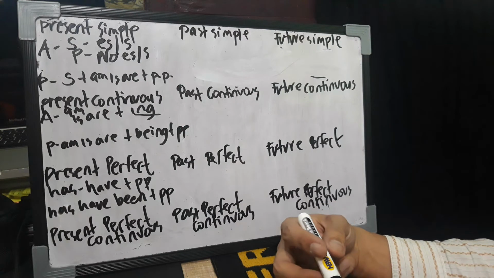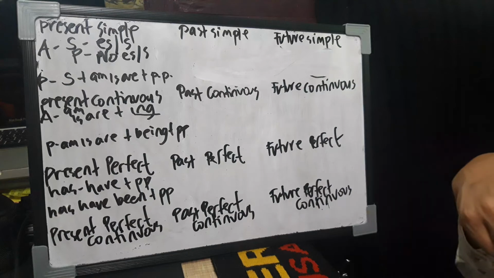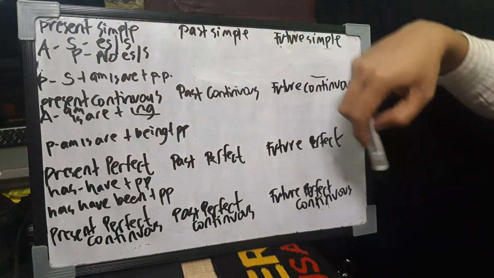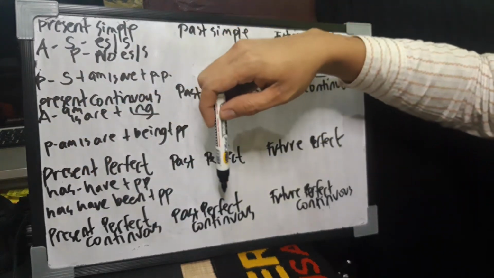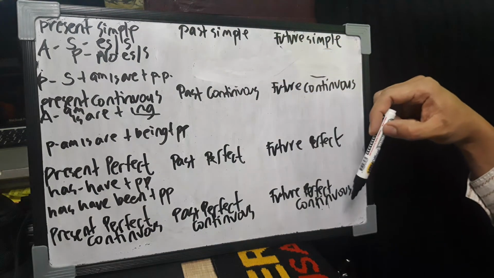So, how about, teacher, for the present perfect continuous? Guys, remember here. With the three tenses, we have the present perfect continuous, the past perfect continuous, and the future perfect continuous.